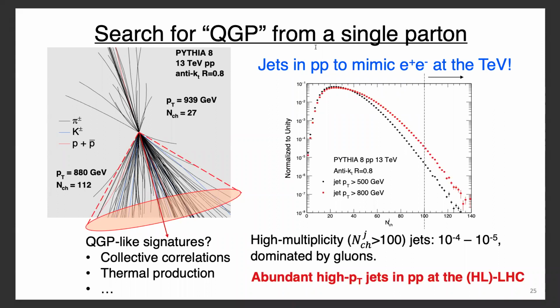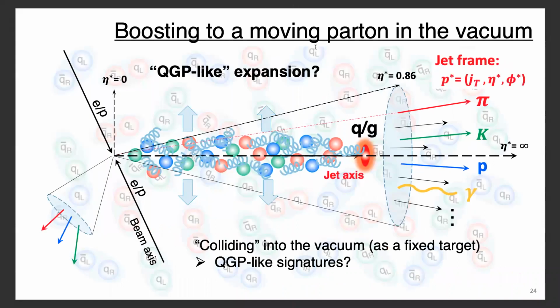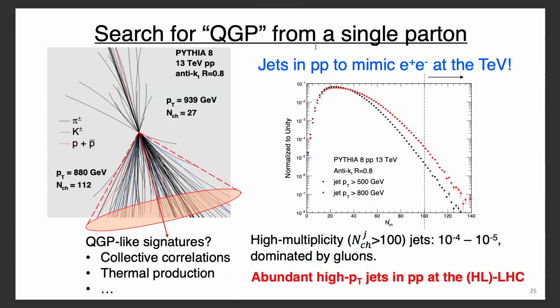And also one important thing: here we redefine our axis, right? So we use the jet axis as eta to infinity, and transverse to the jet axis is eta equals 0. If you look at the dN/d-eta, sorry, this is the total multiplicity distribution within a jet cone. So we are cutting on the very tail of this multiplicity distribution.